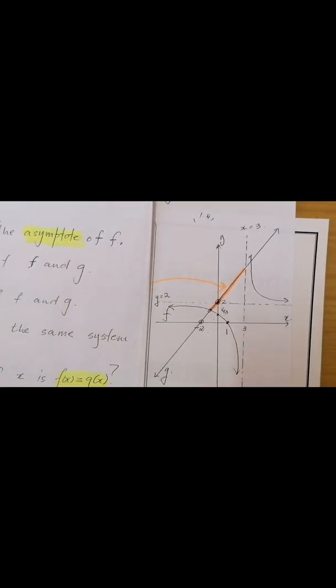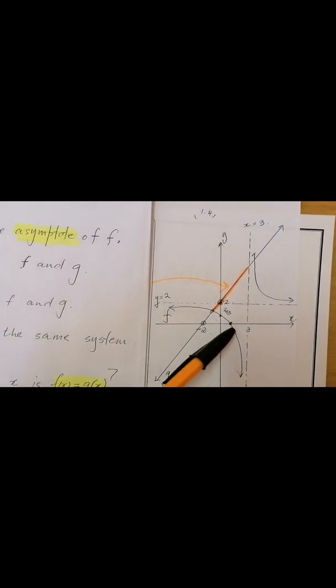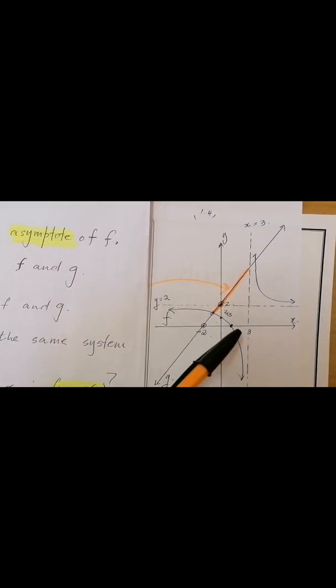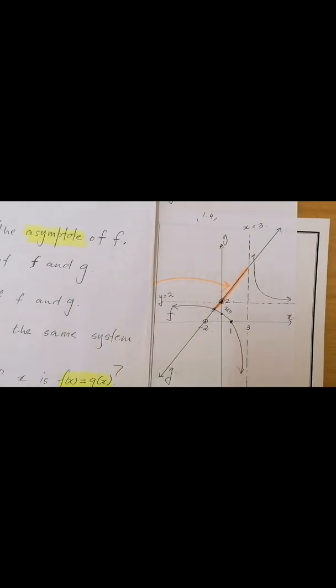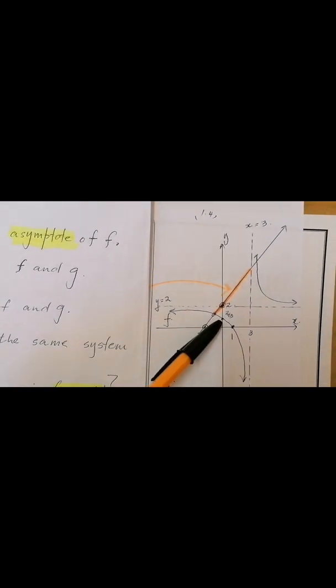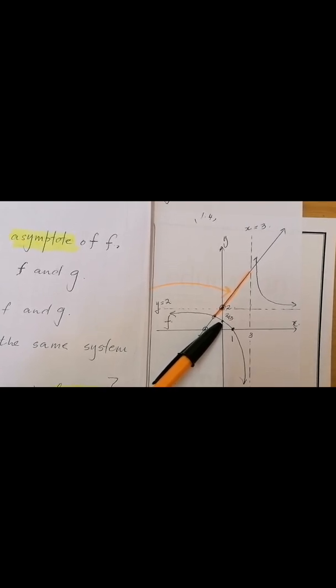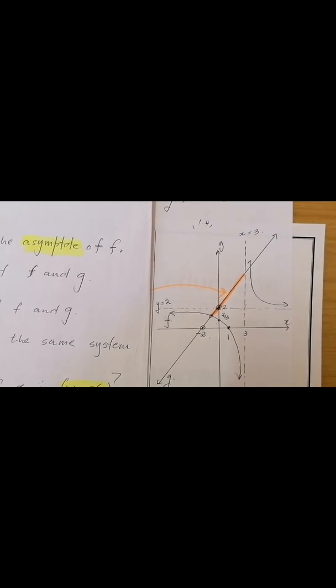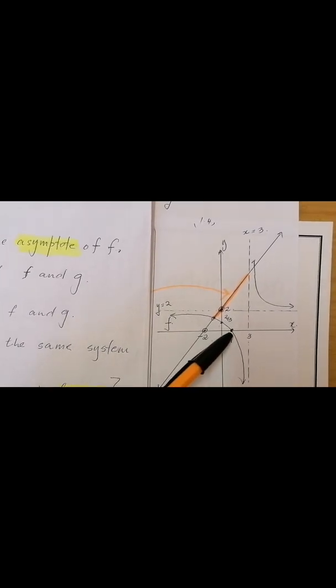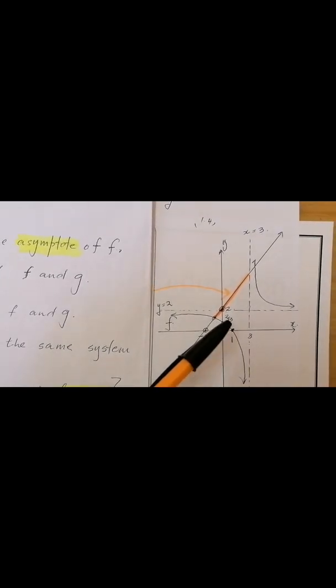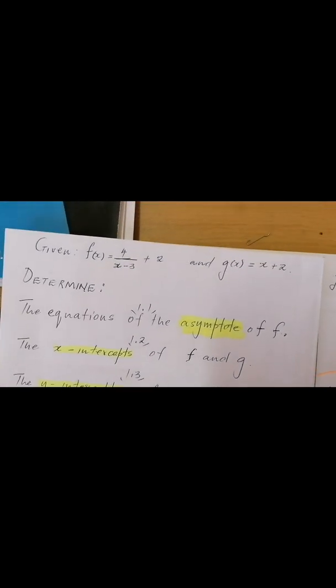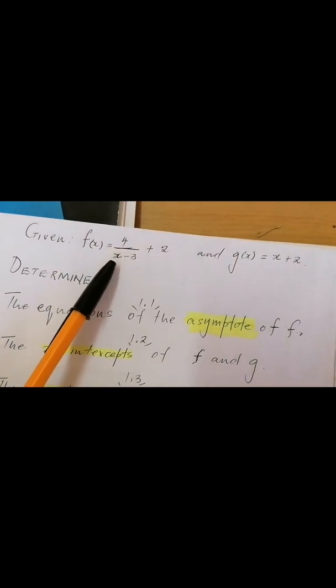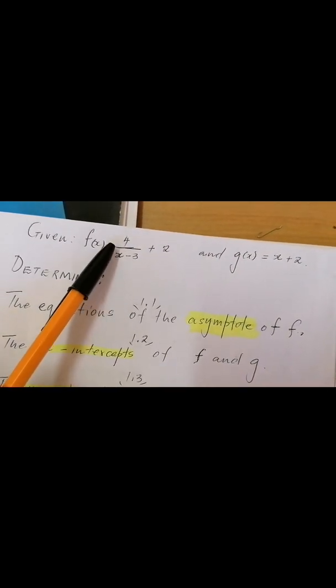Now, another thing that we should never forget, we said the x-intercept of the hyperbola is 1. The y-intercept of the hyperbola is (0; 2/3). Now, those two values are here and there. Now, remember, before drawing your graph, the equation is telling you a story.